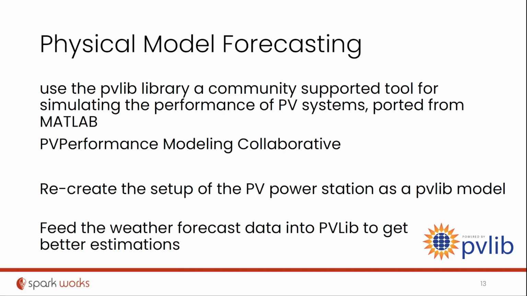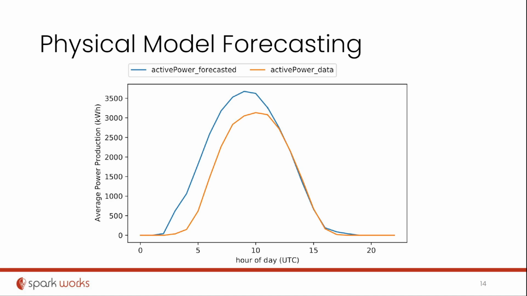And we recreate in this library the setup of our photovoltaic power station, and then feed it with the weather forecast in order to get the expected output of the plant in the next 24 hours for every day in our analysis.